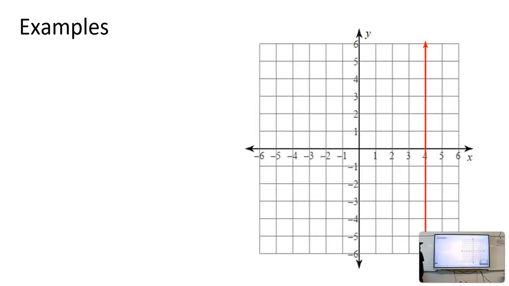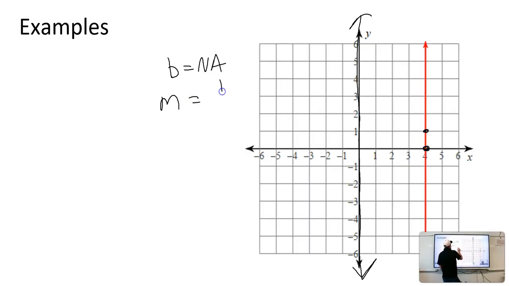What about this one? Where is the y-intercept? Am I ever crossing this line right here? I'm not, so my y-intercept, we could say, NA. It doesn't exist. Well, what's the slope? Let's just pick 2 points. It intercepts here and here. The rise is 1, but the run is 0. And can I have 1 divided by 0? I can't have that.